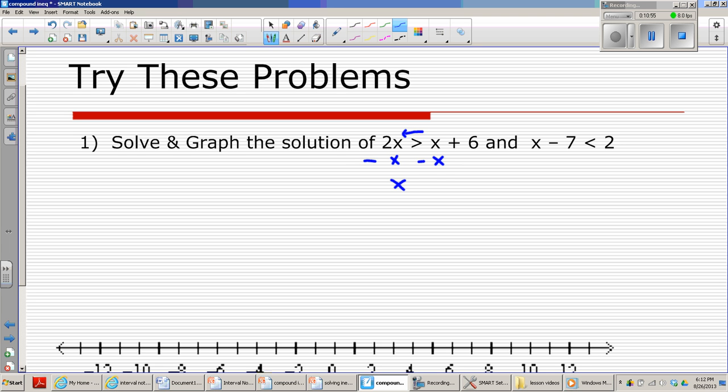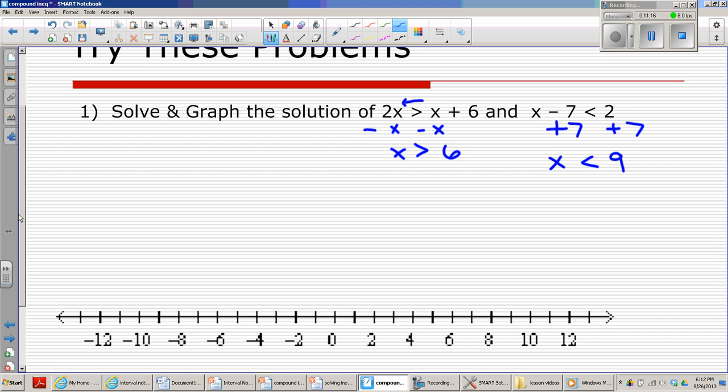I'm left with x is greater than 6. Second one, I'm going to add 7 to both sides. x is less than 9. In both of these, I have variable, symbol, value. It's going to be much easier to graph this way.